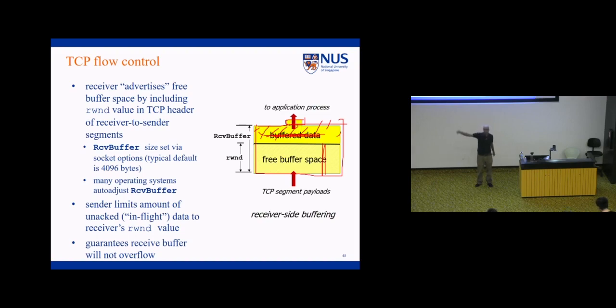And now I'm going to send an acknowledgement back to the sender. In that acknowledgement packet, I'm supposed to do this flow control. So what I do is I check how much is available. Maybe I have 2,000 bytes available. Right here, free buffer space is 2,000.